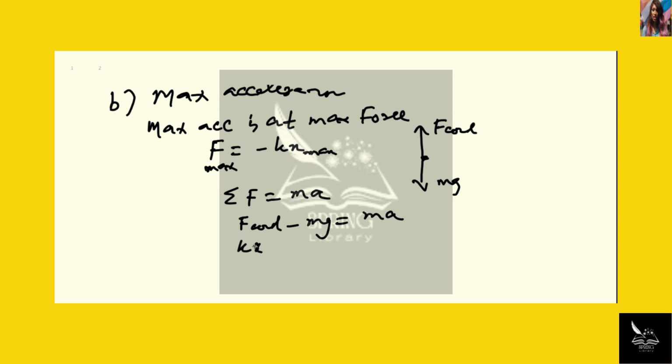F cord is equal to kx at that location. So acceleration on rearranging will be equal to kx minus mg, divided by m. That is equal to kx by m minus g.